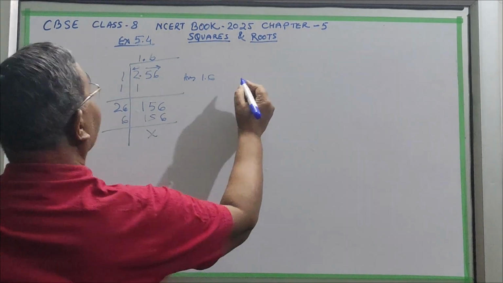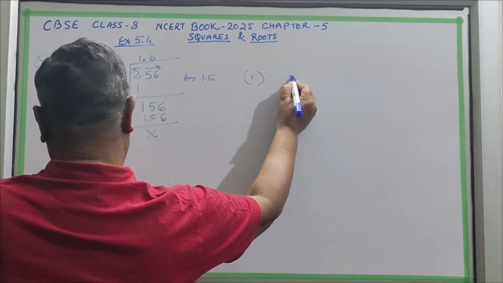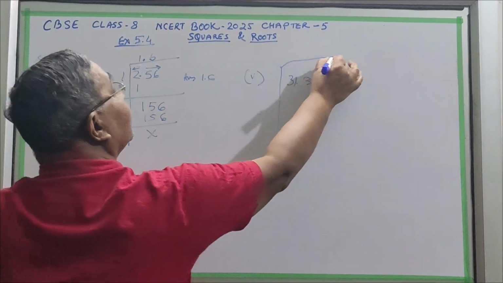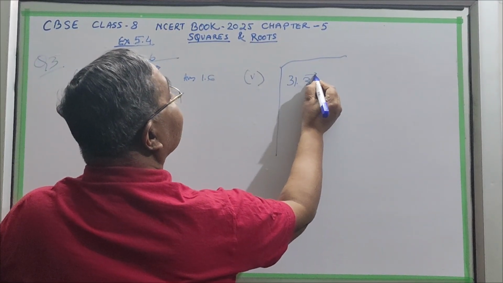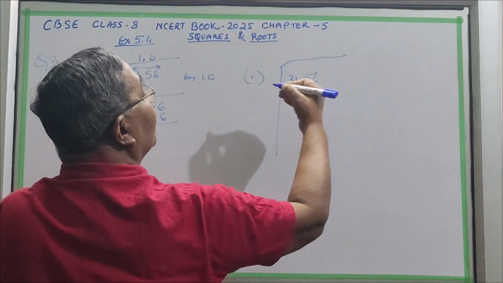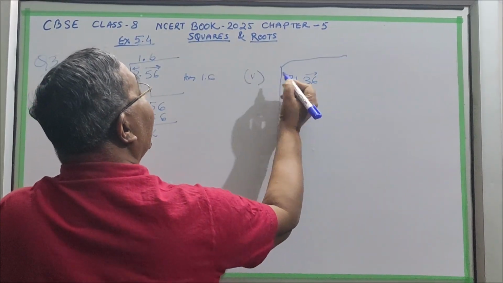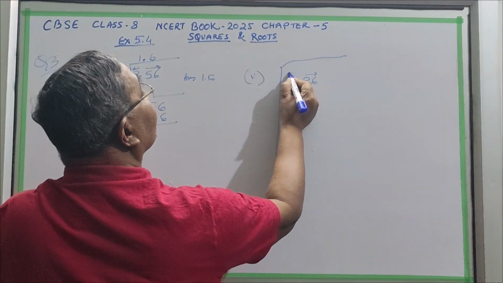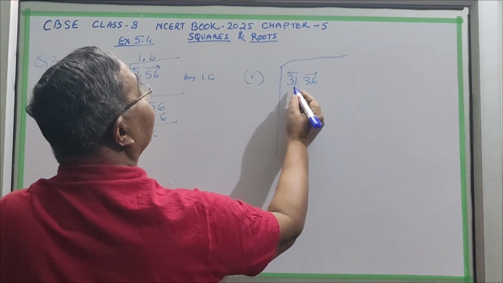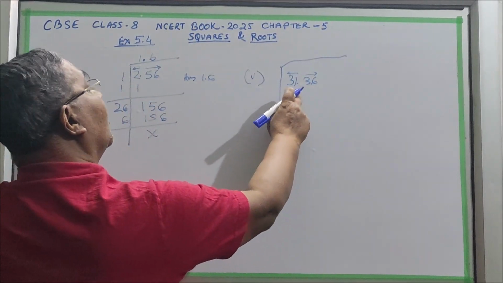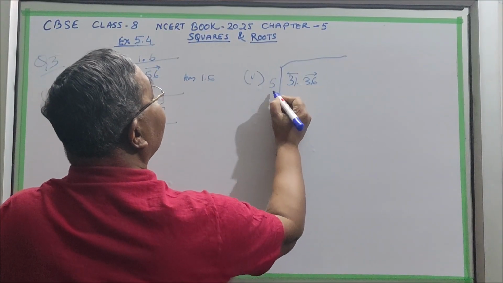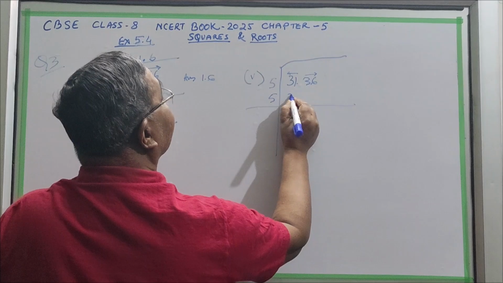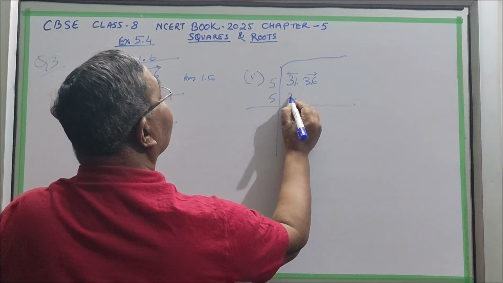Likewise, if we do another question, fifth number we are doing, the number is 31.36. So here I told you it goes on this way. The decimal section goes right and right onward, and the whole number goes from right to left. So here a pair is there. You have to find a number such that its square should not cross 31. So 5 5s are 25, because 6 6s will exceed. 5 5s are 25.